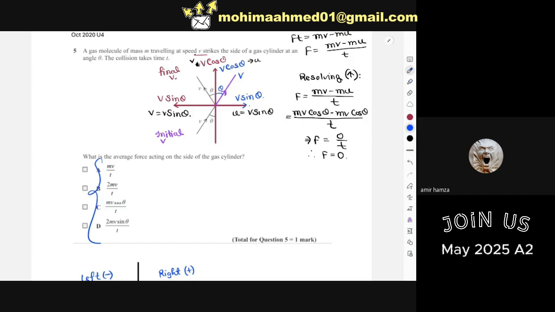So now we're going to calculate exactly how to find the force on the gas molecule. By the way, the thing I'm going to calculate is for the gas molecule, not for the gas cylinder.